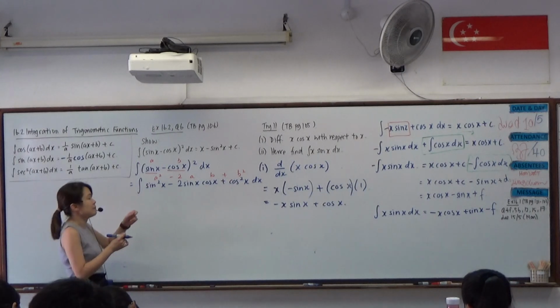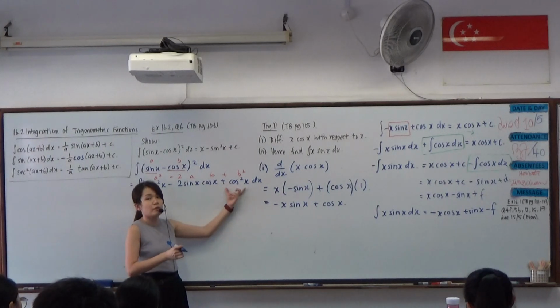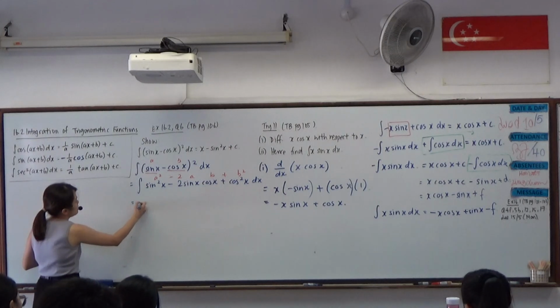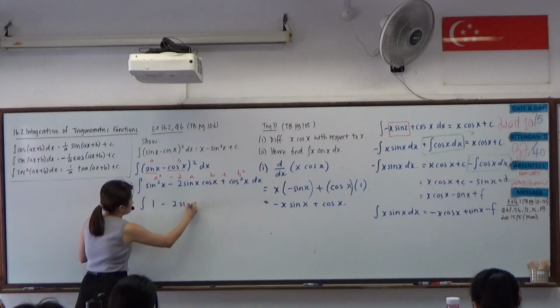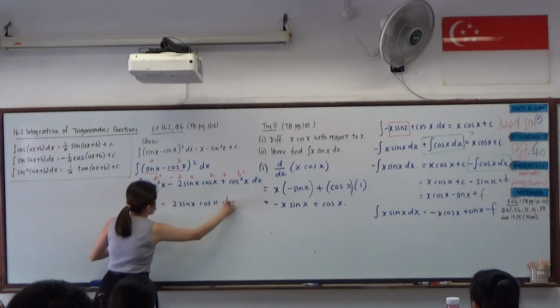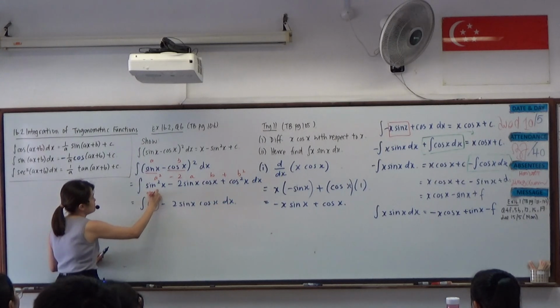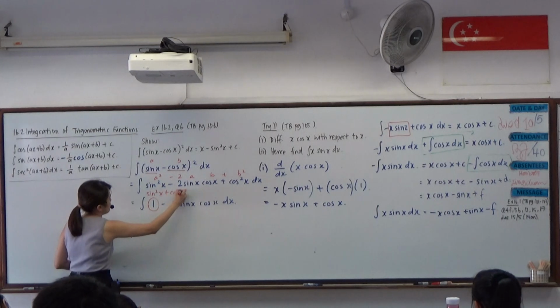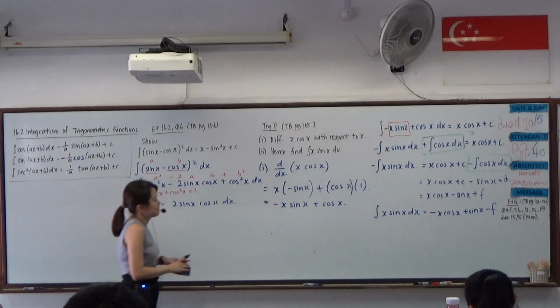So we need to make an important observation: sin²x + cos²x is your identity equating to 1. That's the identity that we learned last year.